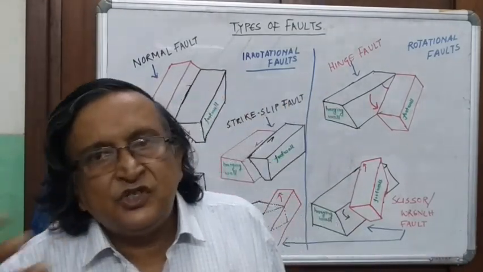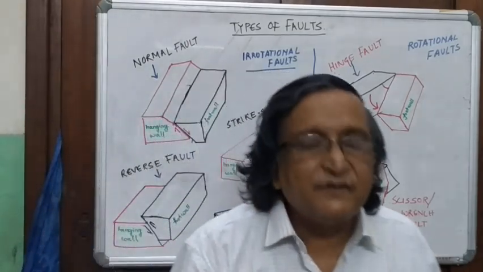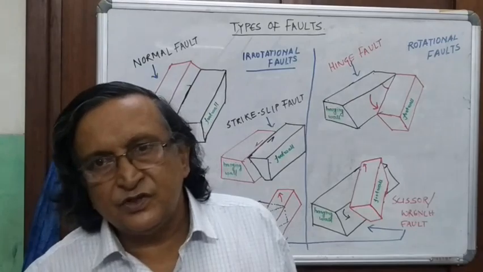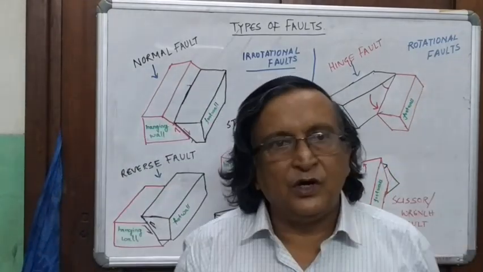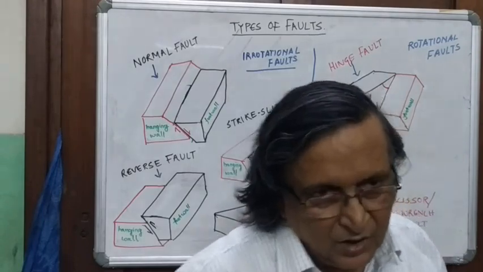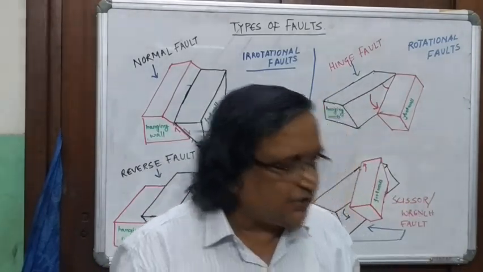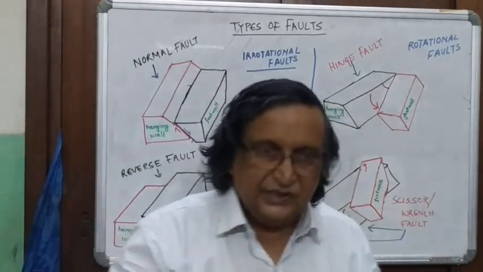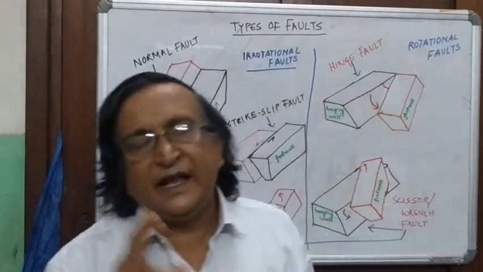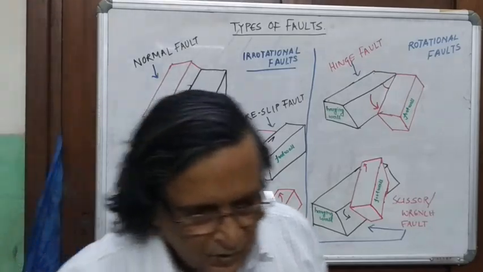The fault does not change its orientation after faulting. That's about irrotational faults. And in rotational faults, the orientation of the structures changes. That's the difference between rotational and irrotational faults.